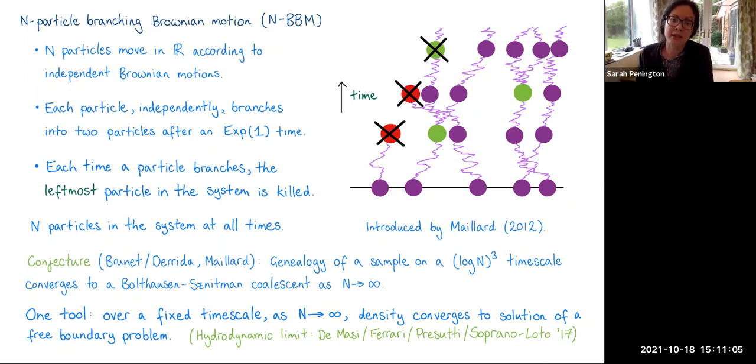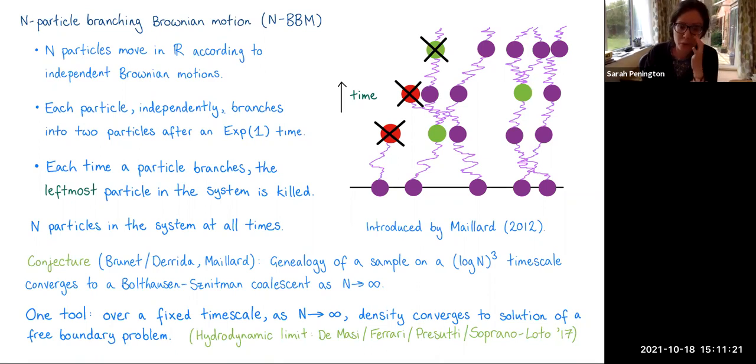So it's conjectured to have the same behavior as the light-tailed case is conjectured to have in the N-particle branching random walk.